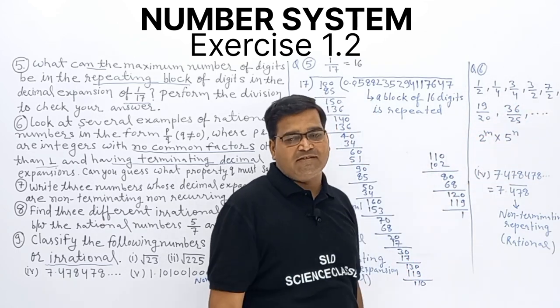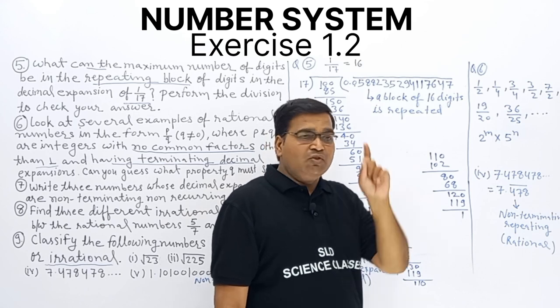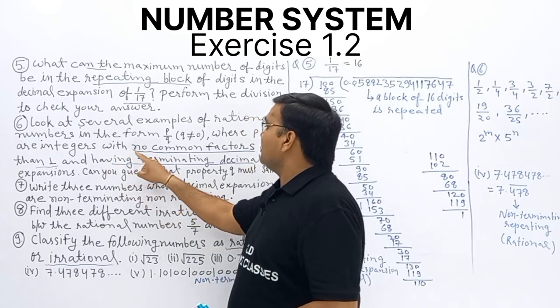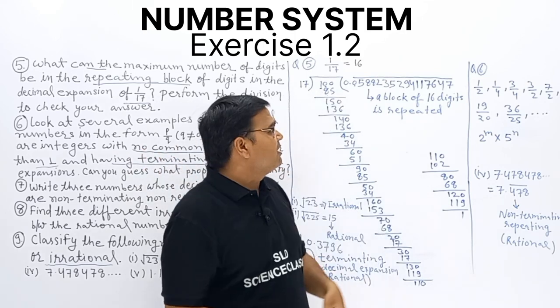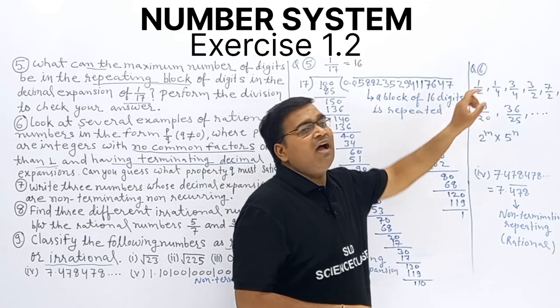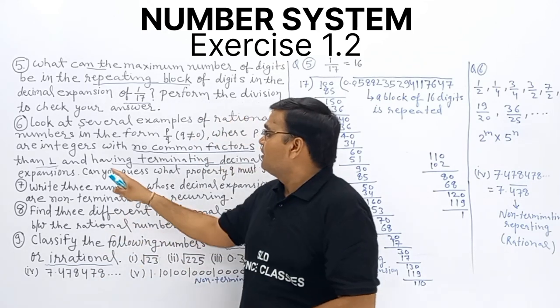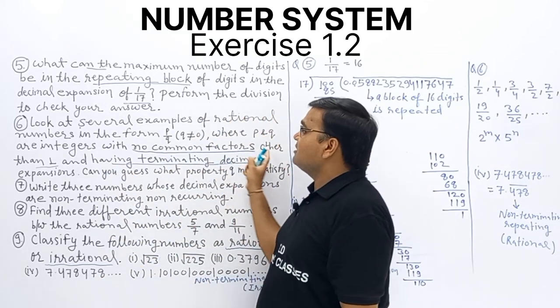These all are integers. And these integers should have no common factor. It means no common factors other than 1.